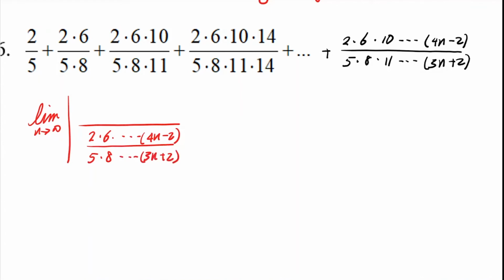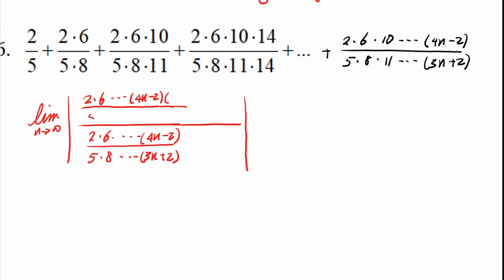Good? Okay, the numerator. What is the numerator then? Would that be the same thing? 2, 6, 4n minus 2, and then you have one more term? What's the next term? Somebody tell me. Tell me what the next term is.